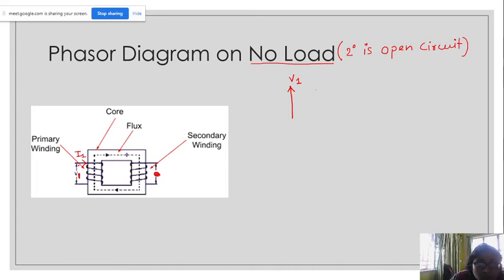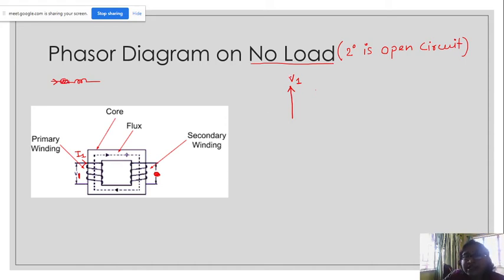Now this coil has a certain amount of resistance and a certain amount of inductance. The current flowing through it will be purely 90 degrees, or a small value less than 90 degrees. If this resistance is not present, it will be 90 degrees.